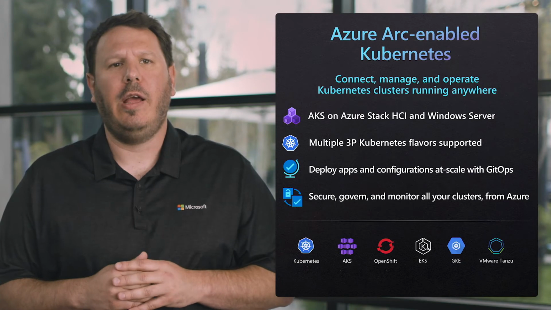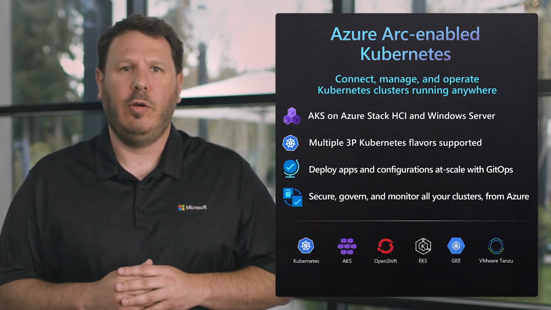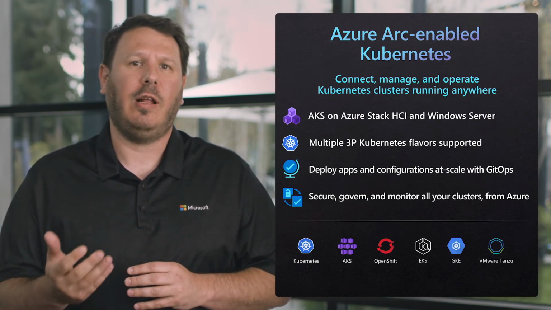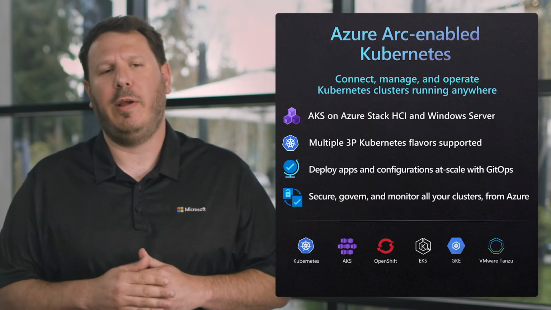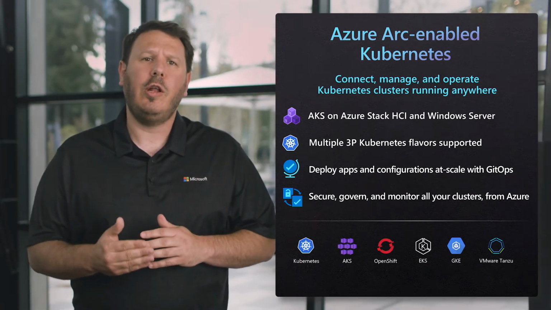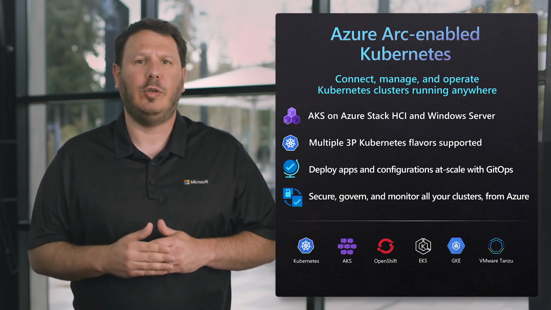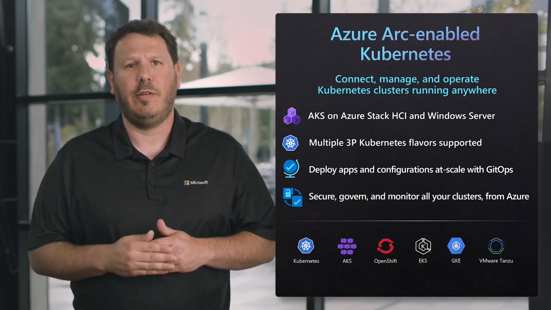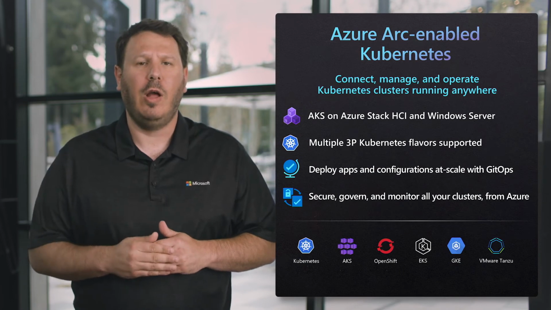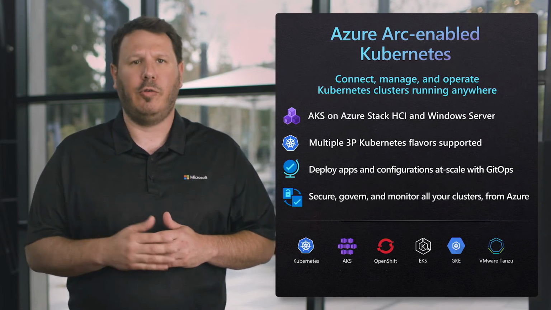Whether you are using AKS or bringing your own infrastructure, developers can deploy apps and cluster configurations using a GitOps-based model. And finally, you can ensure security, compliance, and observability for all these clusters using integrated Azure services such as Microsoft Defender for Cloud, Microsoft Sentinel, and Azure Monitor.